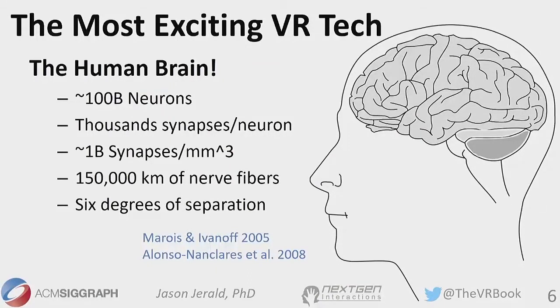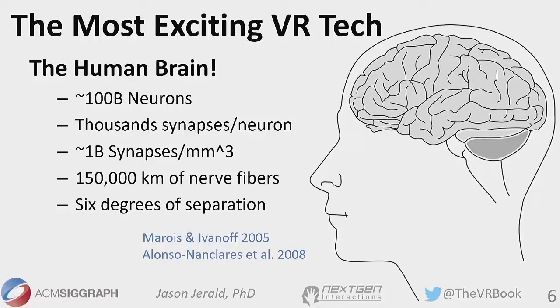Now, what's amazing about this brain is it's a massive parallel machine, and it's not the brain itself, it's what's in the brain, right? We have these things called neurons inside of our brains that are really the basic unit, and the communication between those neurons is what's really amazing. On average, there are thousands of these connections called synapses from neurons to other neurons.